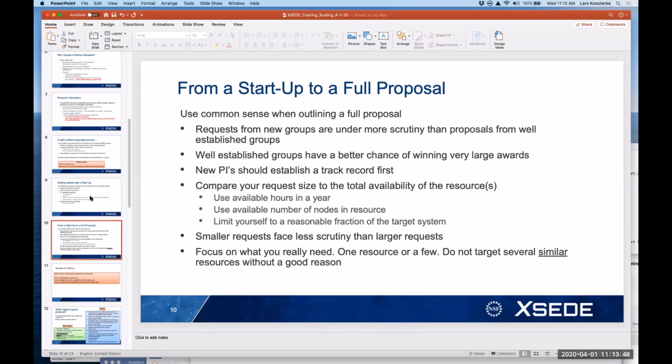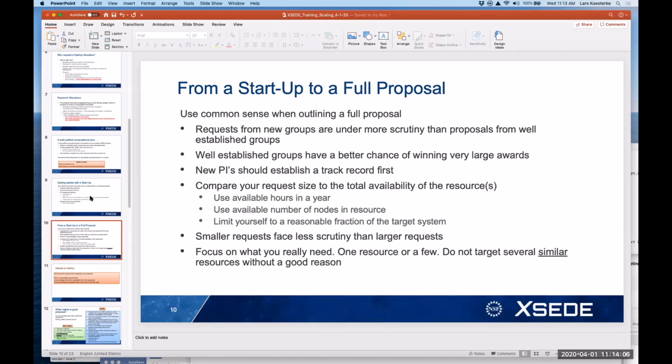There are thousands of researchers and groups who use these resources, so you have to apply some common sense first. Another fact is, of course, that smaller requests face less scrutiny than larger requests.